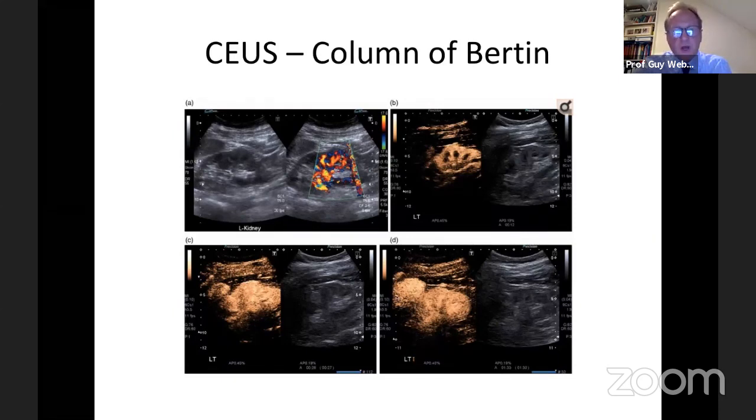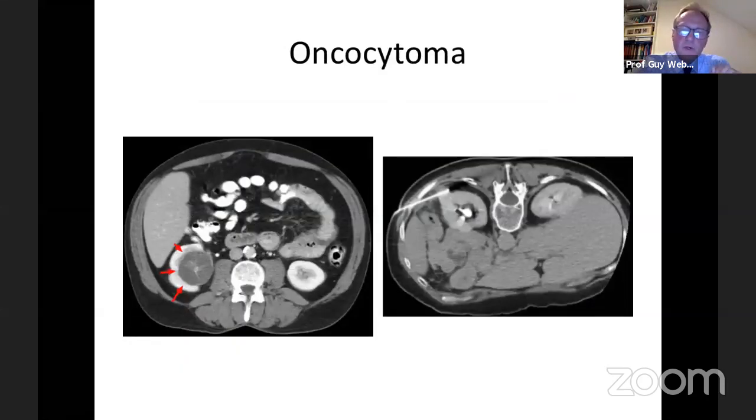It's got blood flow, but the contrast enhanced ultrasound shows that it's consistently enhancing throughout with no change compared with normal renal parenchyma, and it is a congenital variant. It's a hypertrophic column of Bertin, can be left quite well alone.